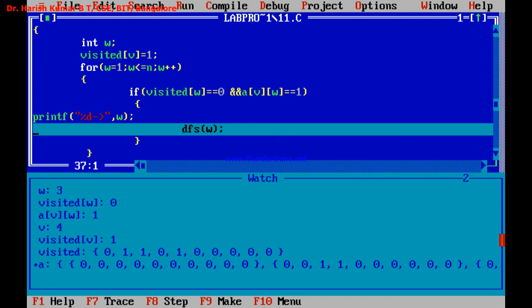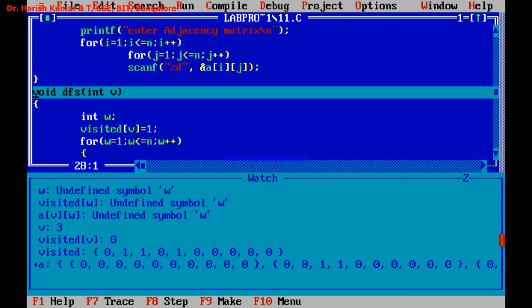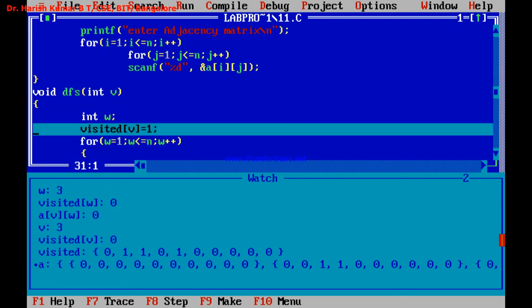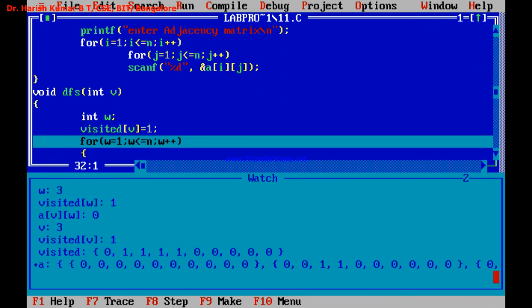So v value becomes 3 now. Now you are making visited of 3 equal to 1. So after 4 you are visiting 3.